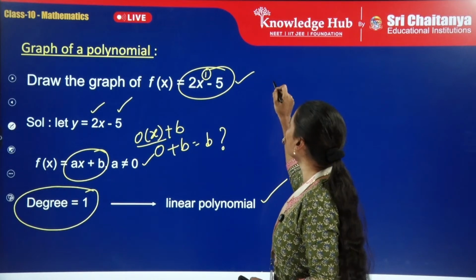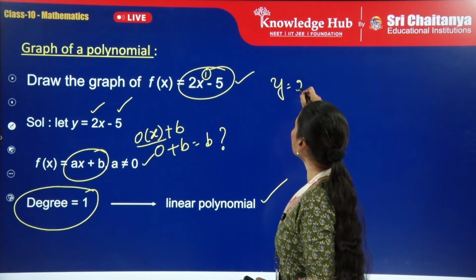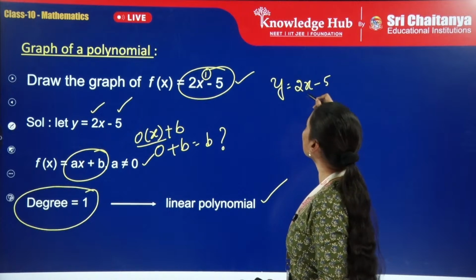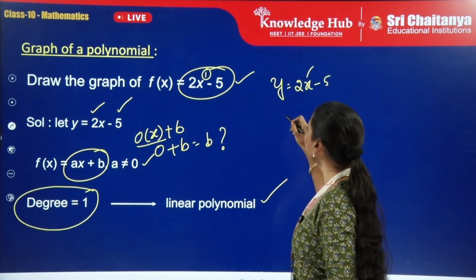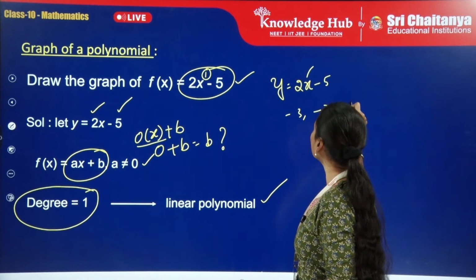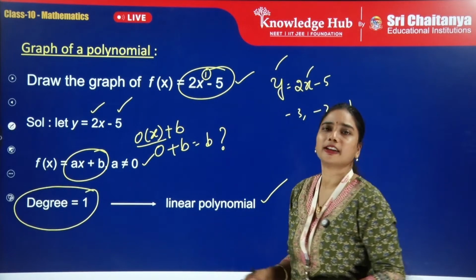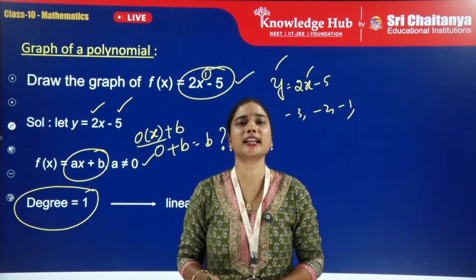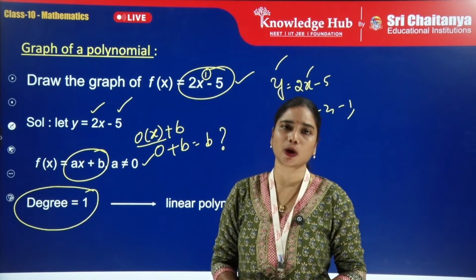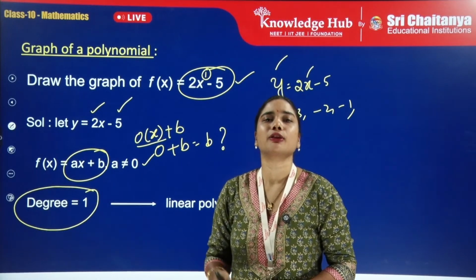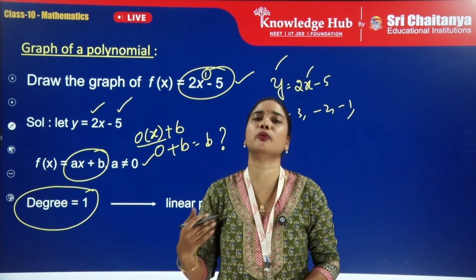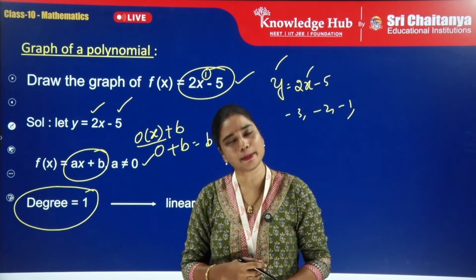Consider this as y is equal to 2x minus 5. In place of x, just substitute different values, then you will get the value of y. Hence we will get points in the coordinate plane. If you join all those points, you will get the graph of the polynomial.